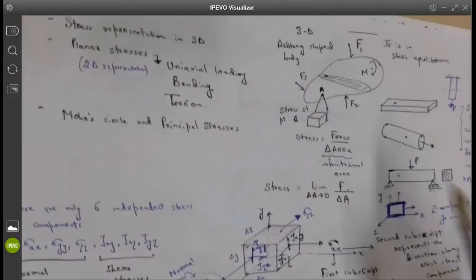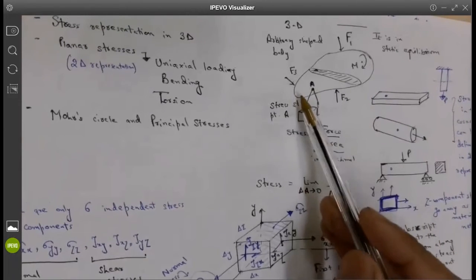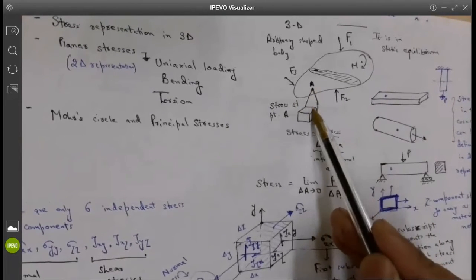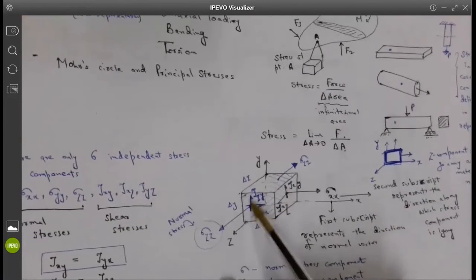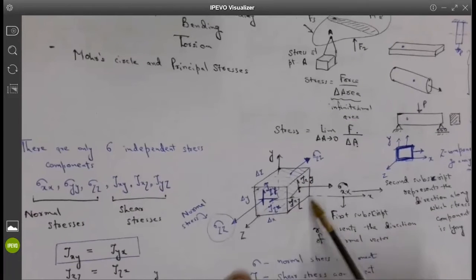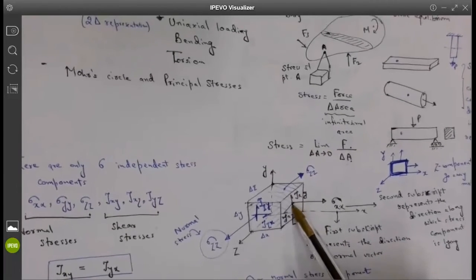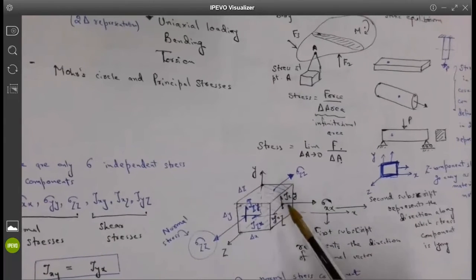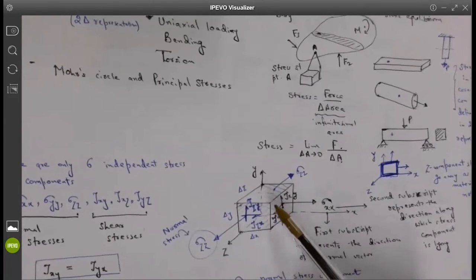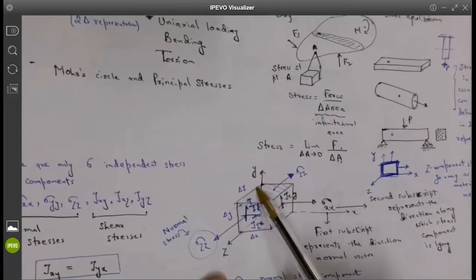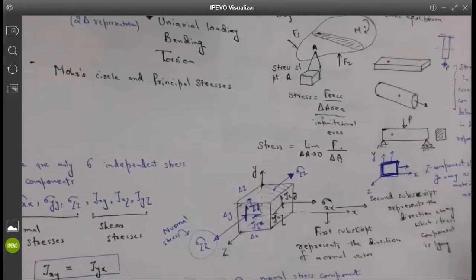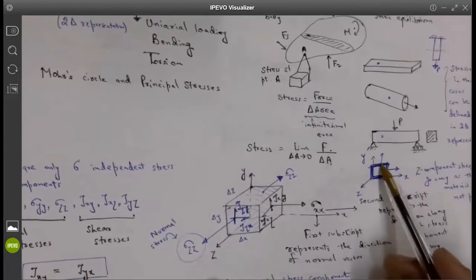I started with this arbitrary shaped body, and I said that stress at any point is given by this cube. And this cube has 6 faces, with all different stress components acting on it. But what I'm saying now is that instead of worrying about the whole cube, you can very well consider that one of the dimensions is squeezed to 0. That means it becomes planar.